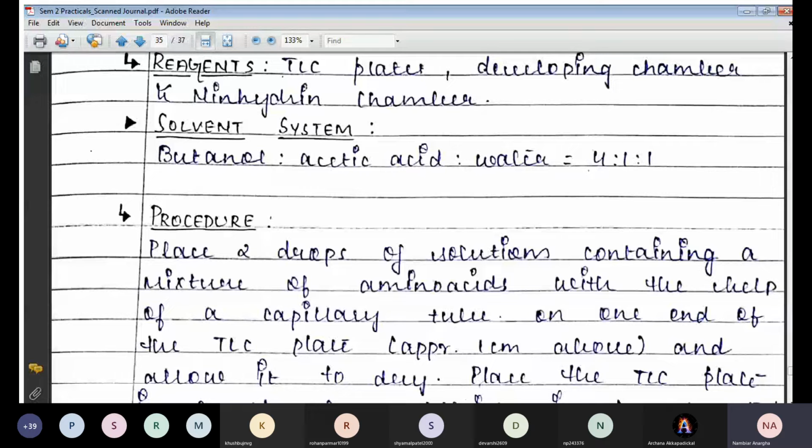When we dip our TLC plate in our ninhydrin solution, we have a petri dish, and in the petri dish we make a ninhydrin solution and pour it in. The petri dish is full of ninhydrin solution. When we dip our TLC plate into it, most of the times our index finger or thumb comes in contact with the ninhydrin solution.